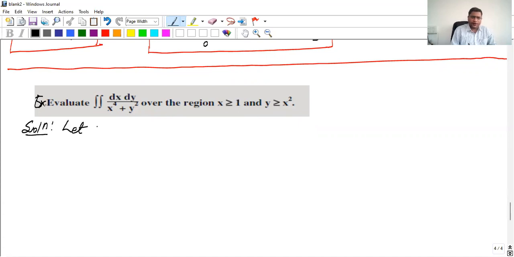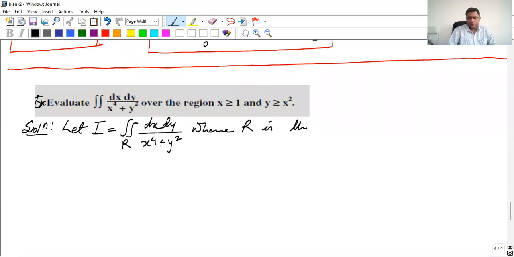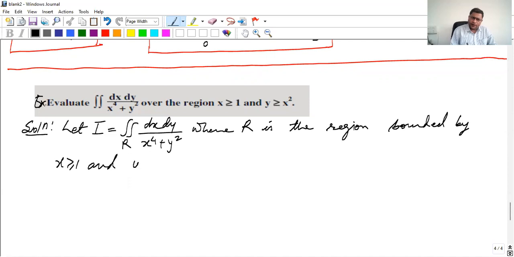Let I be equal to the integral over R of dx dy upon x raised to 4 plus y square, where R is the region bounded by x greater than or equal to 1 and y greater than or equal to x square.